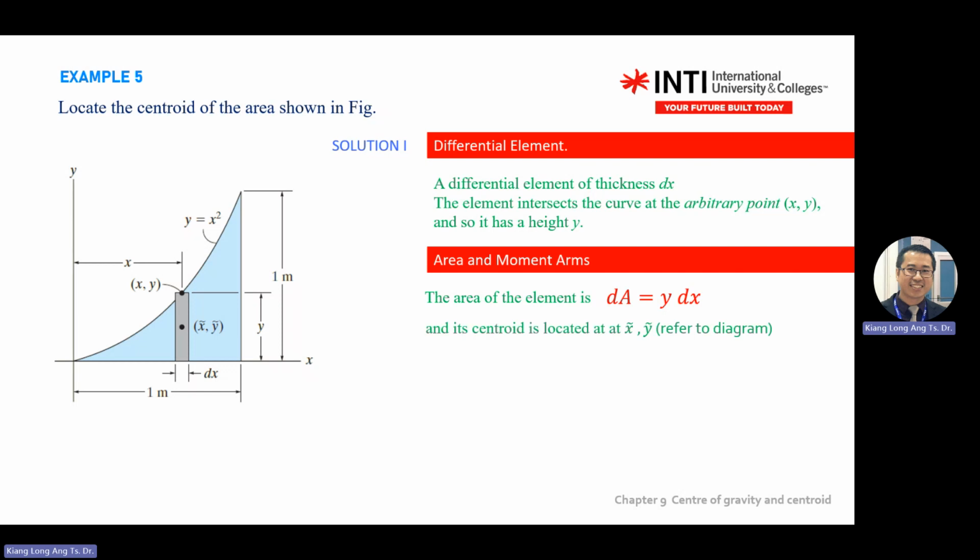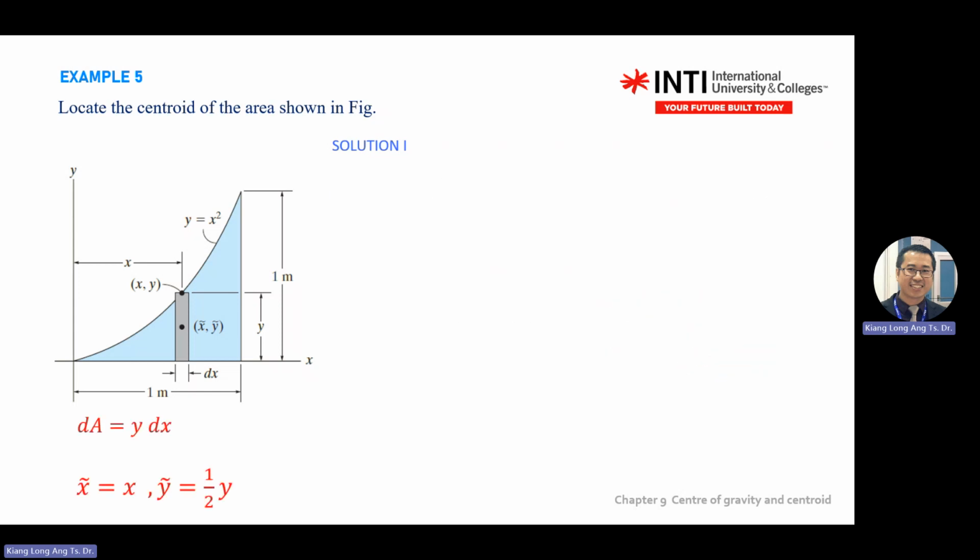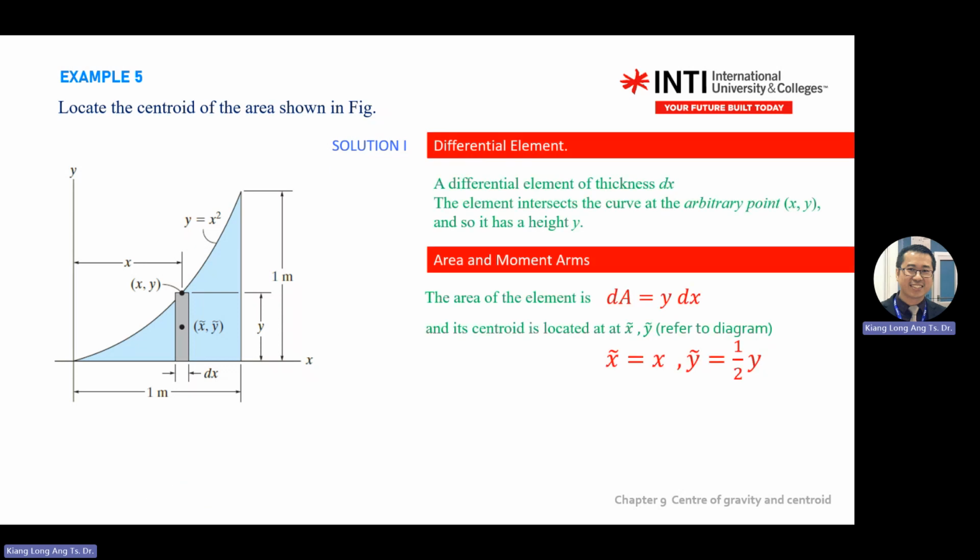The centroid is at x bar, y bar here. This is a small element here. Okay. Then you have these two. Sorry, this y curly is half of your y, because you know this is a rectangle. The centroid is always at the half of the rectangle.